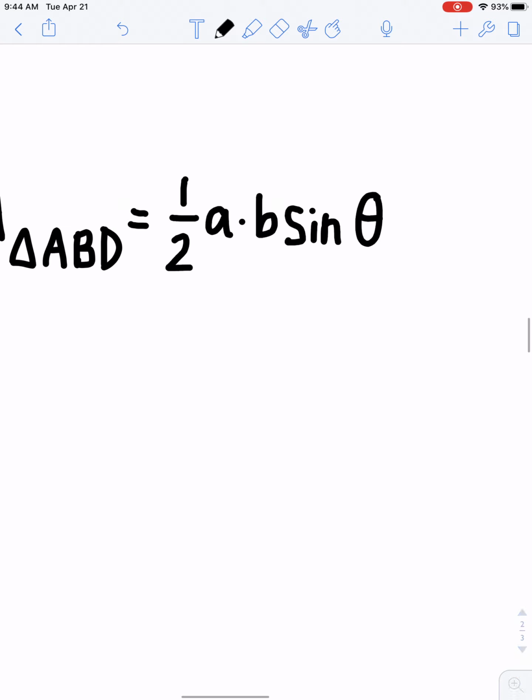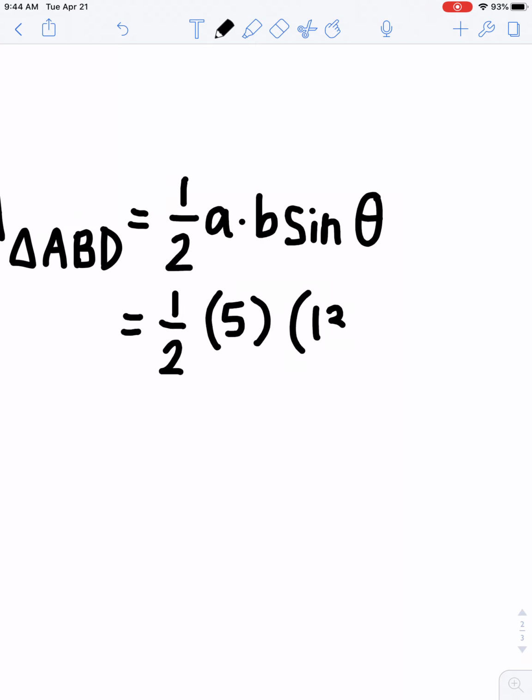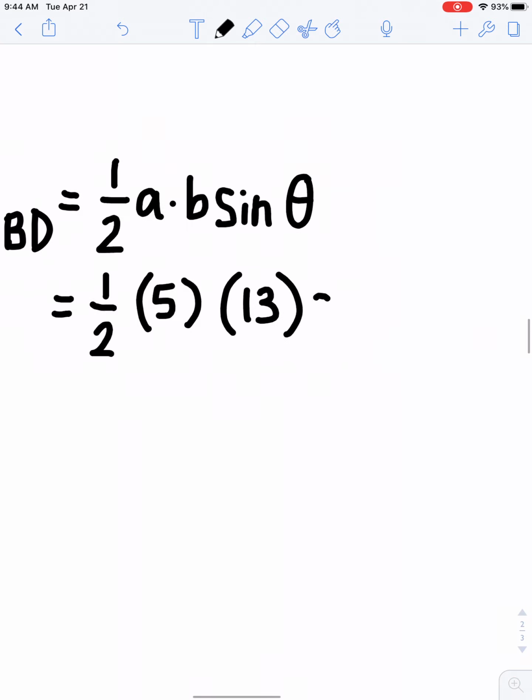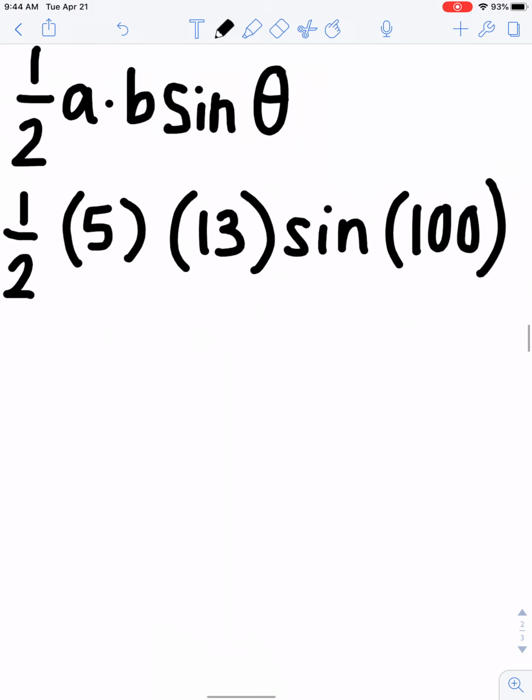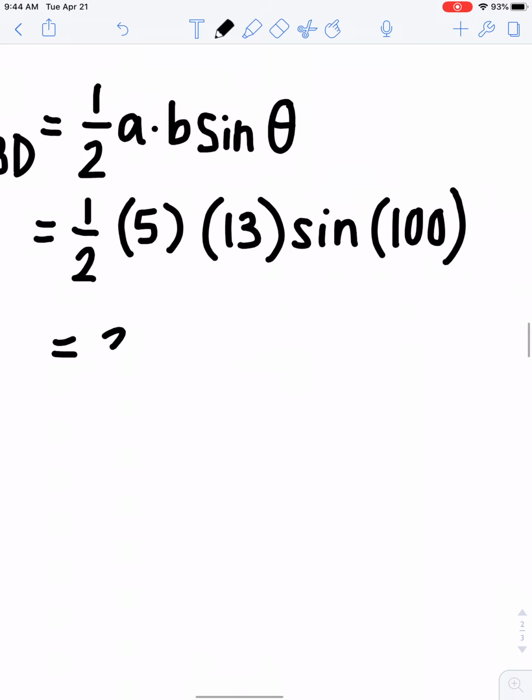Well, in this situation, we have 1/2 times our side length of 5 times our side length of 13, and we have an angle measure of 100. If I type that into my calculator, I roughly get 32.006.